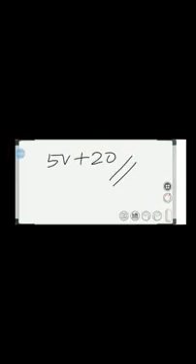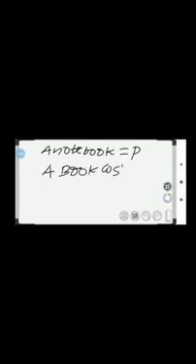So given statement is a notebook cost is p, a book cost is 3p. So this kind of they given.